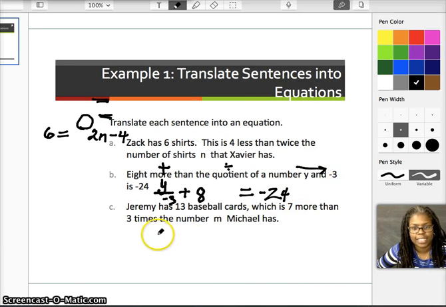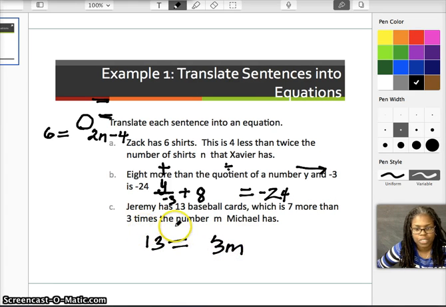Let's do this final example. Jeremy has 13 baseball cards, which is 7 more than 3 times the number M that Michael has. So we've got 13 baseball cards, which is, so 13 is equal to something. It is equal to 7 more than 3 times the amount that Michael has. What I like to do sometimes is just compare the 2 things.